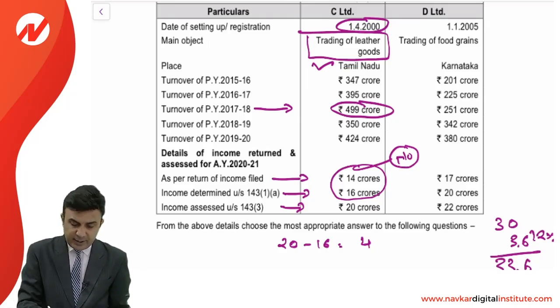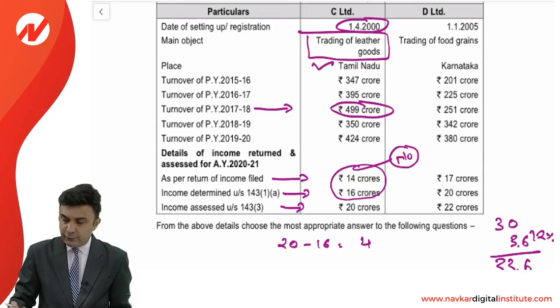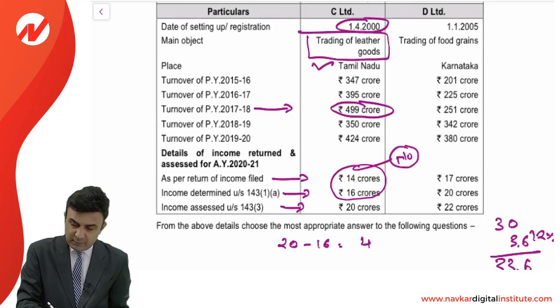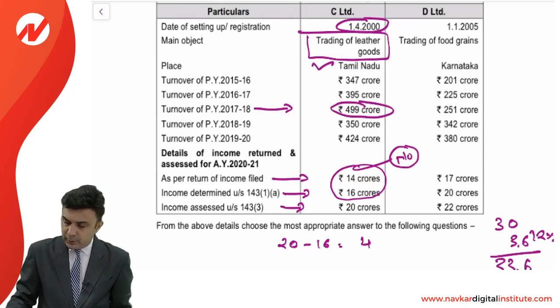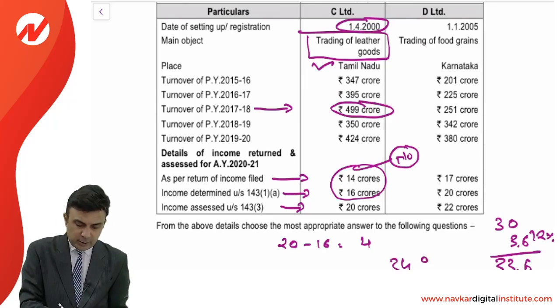33.6 is my rate, plus 4% cess. So on 33.6, if I add 4%, it would be 1.344. 33.6 plus 1.344 will be giving me my total tax to be 34.944%.